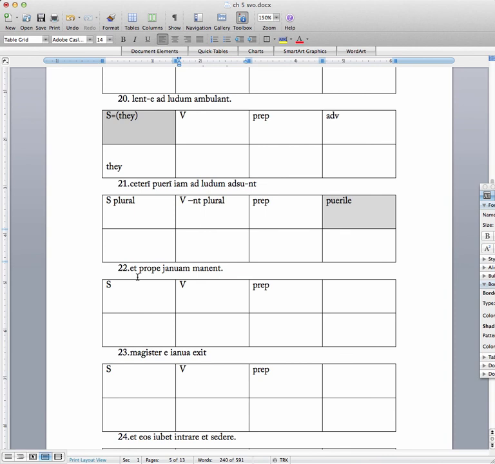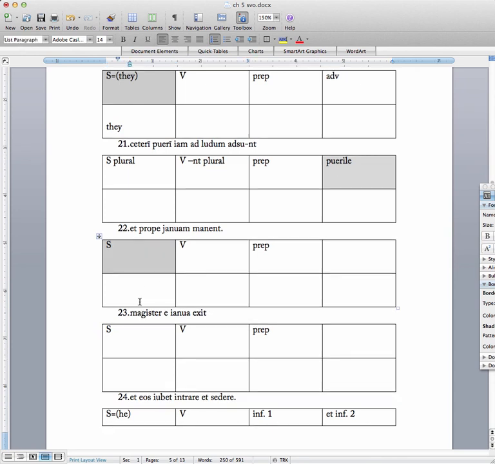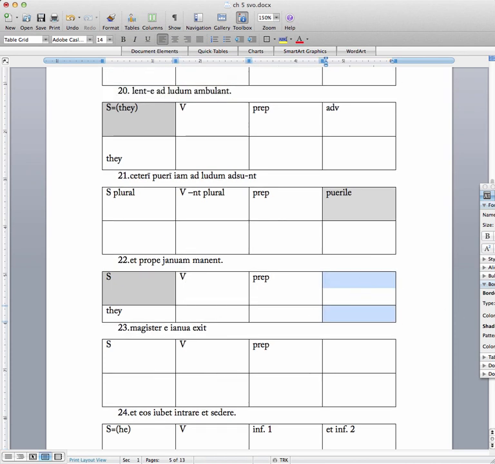Number 22, there's just a prepositional phrase, no subject, the subject is understood they, but it's not explicit. And the verb and the prepositional phrase you ought to be able to find, and there's nothing else to that sentence.